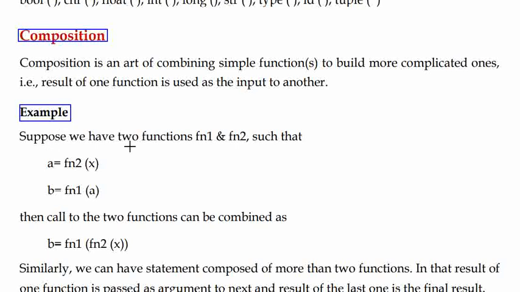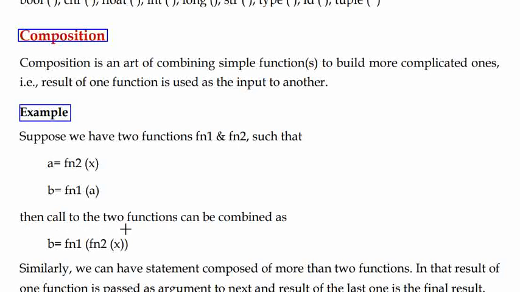Suppose we have two functions fn1 and fn2 such that a = fn2(x): fn2 is called, the argument x is passed and the result is stored in a. Another function fn1 is called and a is passed as the argument and then the result is stored in b.